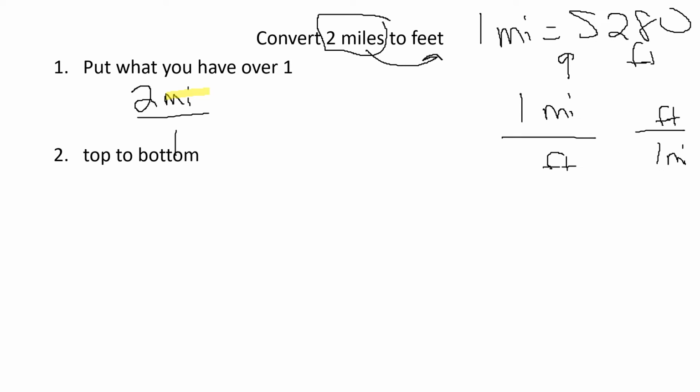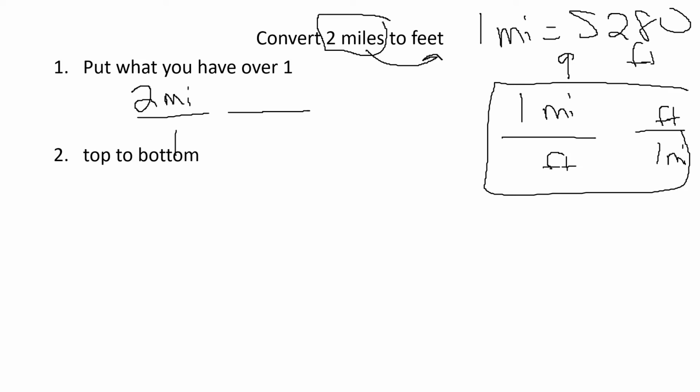So I need to know which unit multiplier to use. And the way to know is whatever is on top goes on bottom. So I need to get from 2 miles to feet. Whatever's on top, word-wise, goes on bottom.